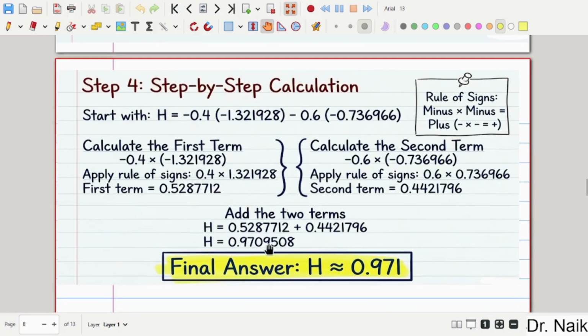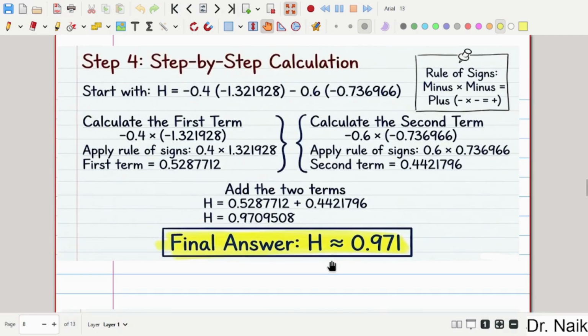So we add these terms, and the answer becomes H is equal to 0.52877112 plus 0.44219796, so H is equal to 0.9709508. We were told to round to 3 decimal places, so our answer is 0.971.